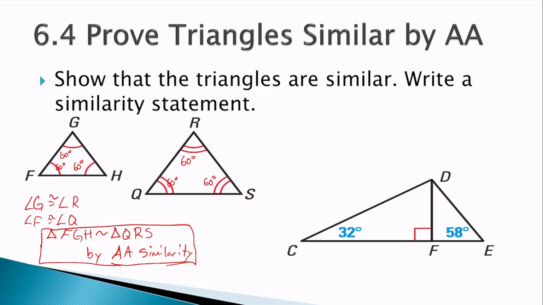All right, for these, if we subtract from 180, so if I go 180 minus 90 minus 32, so that's this angle here and the 32, I get 58, which would be this angle up there.